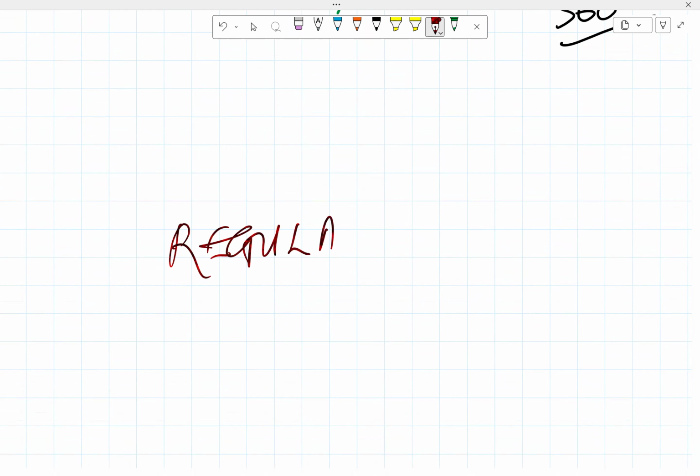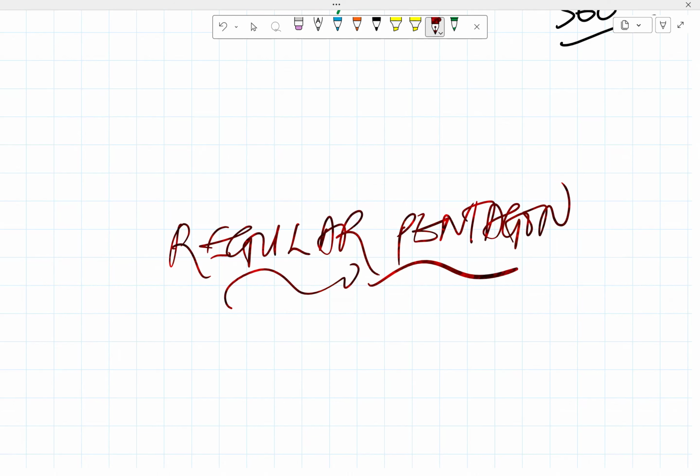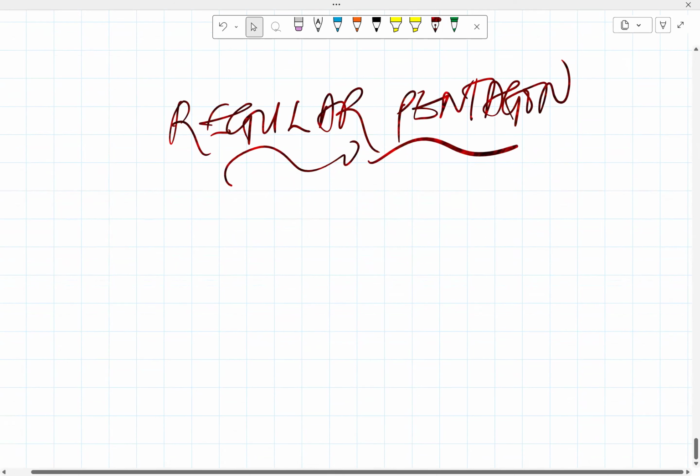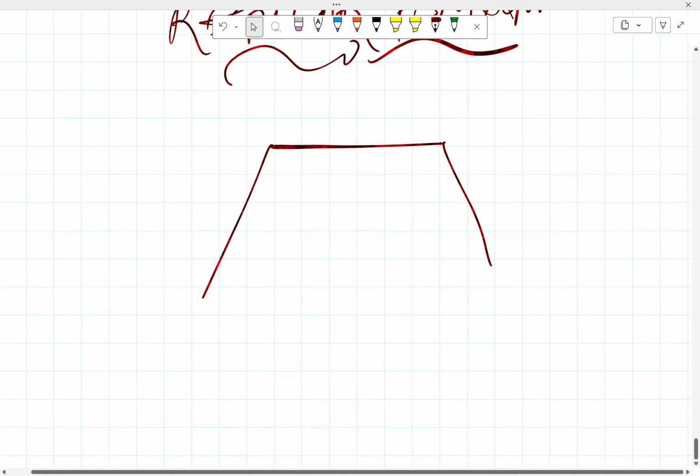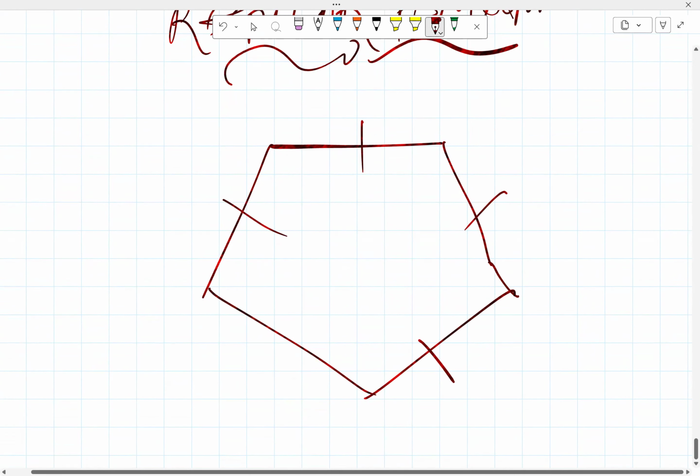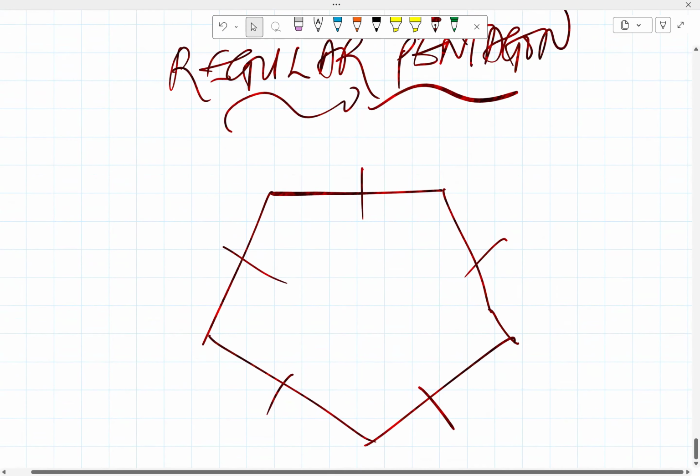For a regular pentagon, it is five-sided, all sides equal. So we have this, this, this, this and this. So, a regular pentagon, right? We know that for a regular pentagon, I think we found that each interior angle will be, okay.